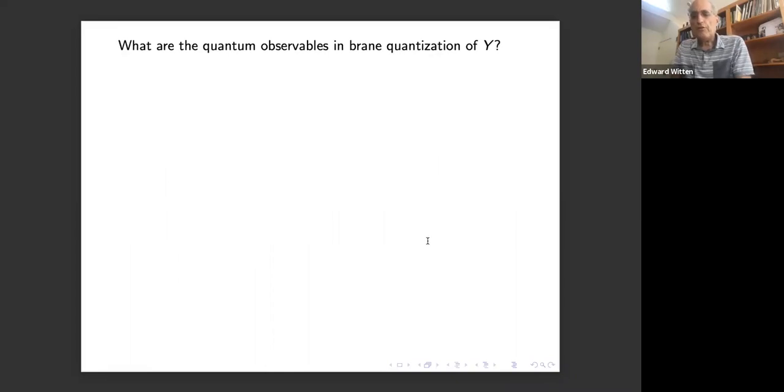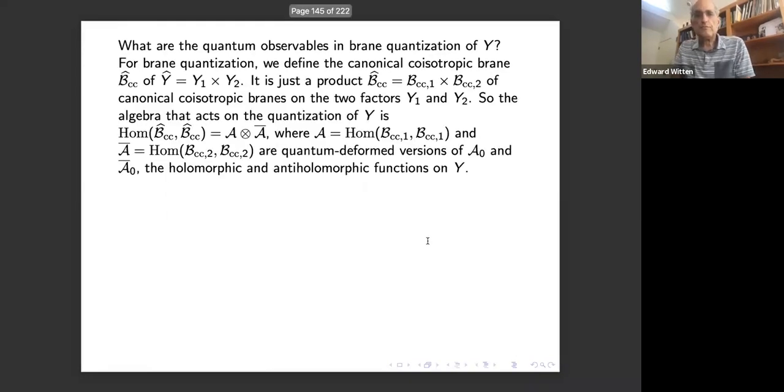What will we get in brane quantization of Y? Well, we have the product Y1 times Y2. We need its canonical coisotropic brane. That's just the product of coisotropic branes on the two factors. So the algebra that acts on quantization of Y will be Hom from B hat to itself, but that's just the tensor product of two factors, where A is Hom from one coisotropic brane to itself, and A bar is Hom from the other coisotropic brane to itself.